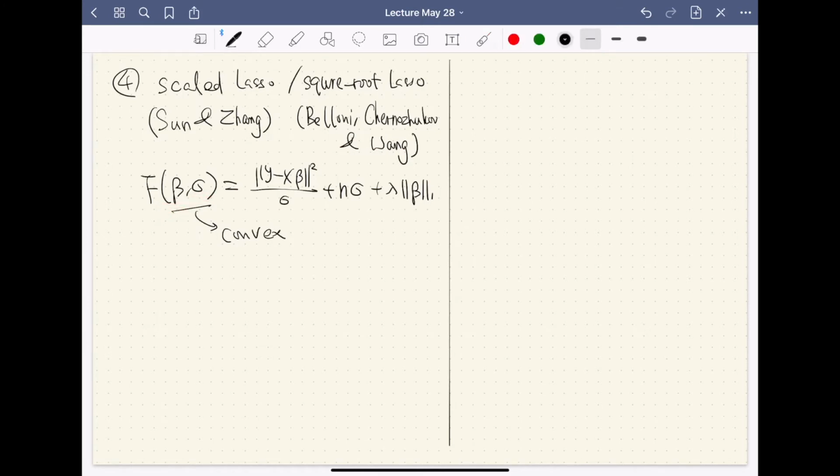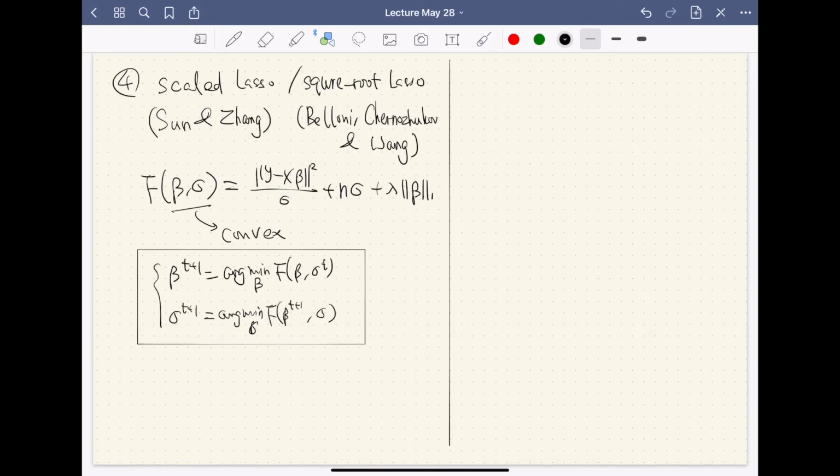The algorithm is you first update beta by fixing sigma, and then you update your sigma by fixing beta from the previous step. Since the objective function is jointly convex, this is going to converge.